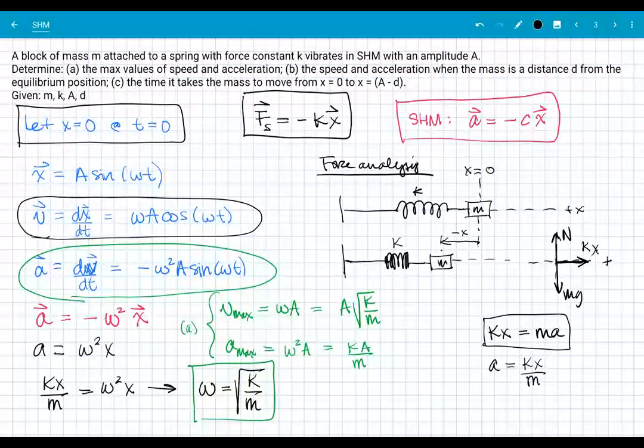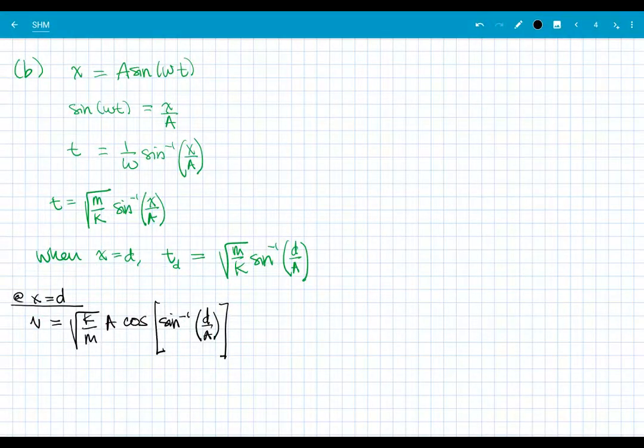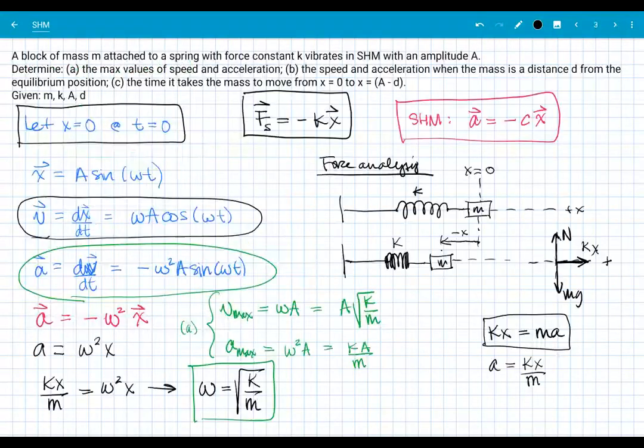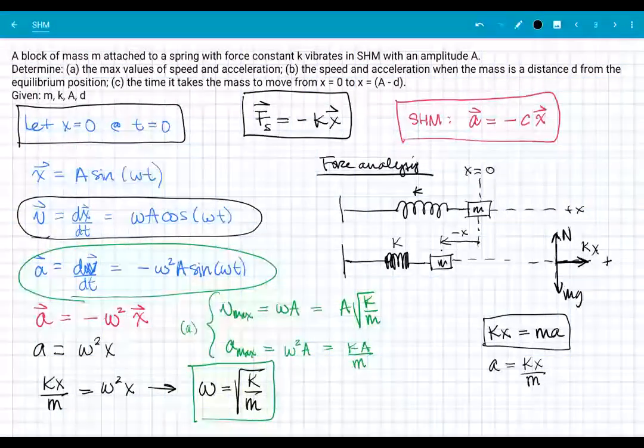So we already know how to do this, right? How to find the time at a particular position because we just did that for this part here. So you would go through the same process, but instead of substituting in d, you'd substitute in the position a minus d for that part. As usual, all the details are in the written solution.